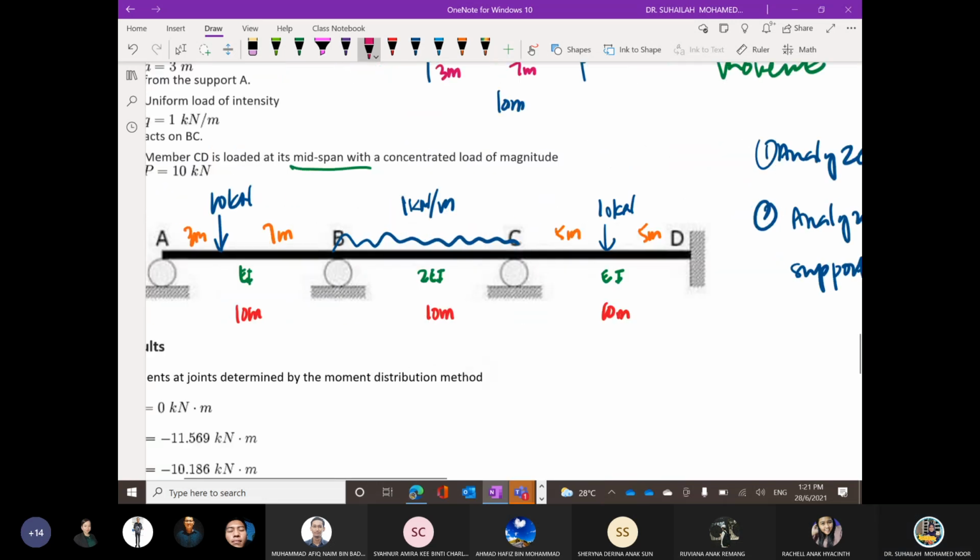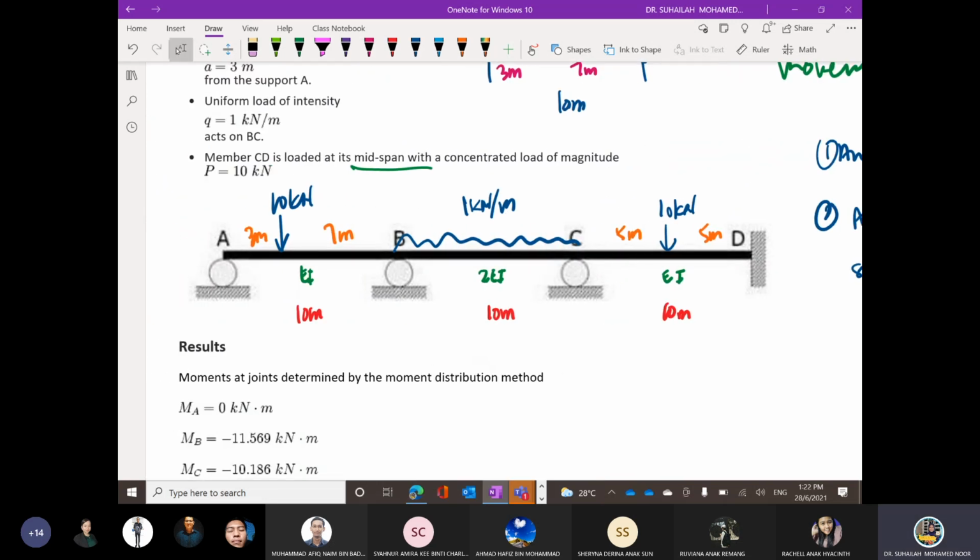Okay, so we go back to this. We have to study the condition of this beam first. A is fixed. It means that here we must consider the far end condition. This is end roller. A is not fixed, sorry, A is roller end.